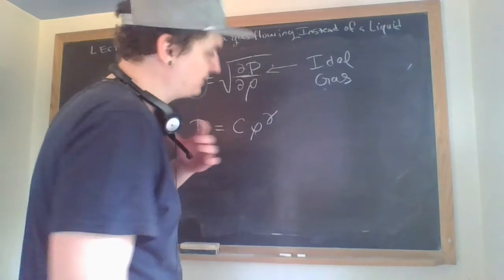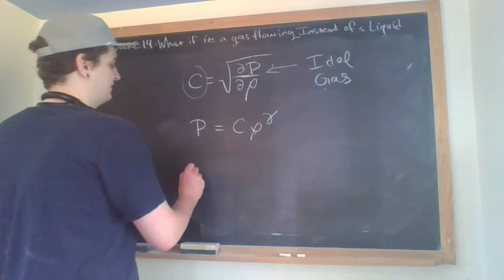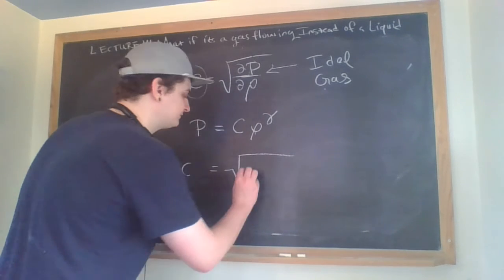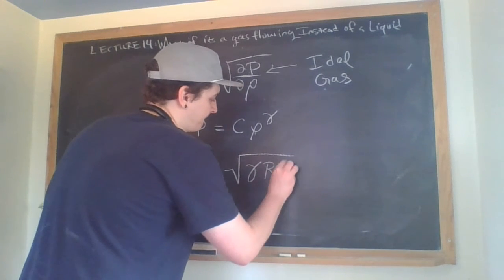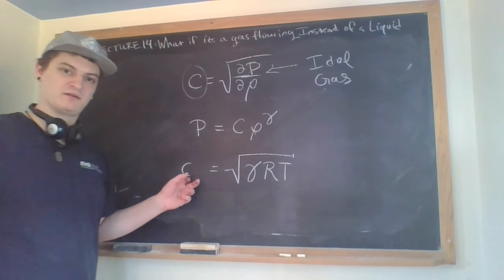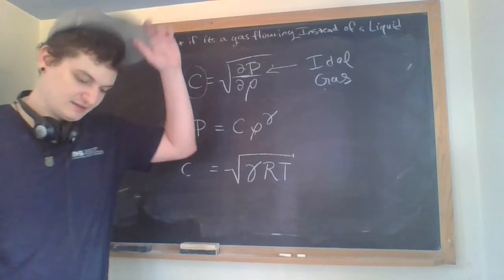Okay, so just compute this thing now with this relationship, and then you'll get, pretty cool, speed of sound for an ideal gas of air is the square root of 1.4 times R times T.